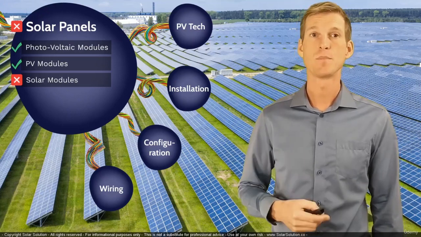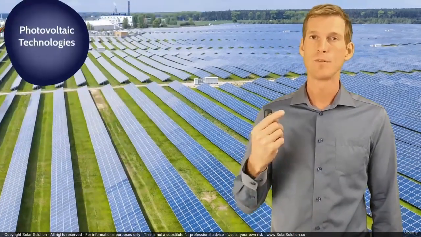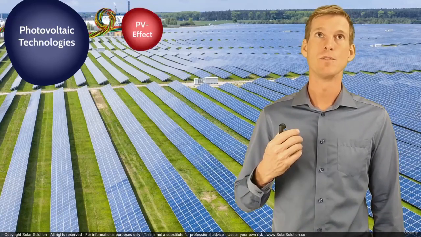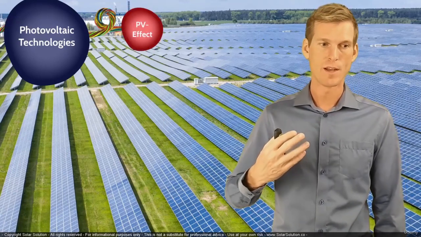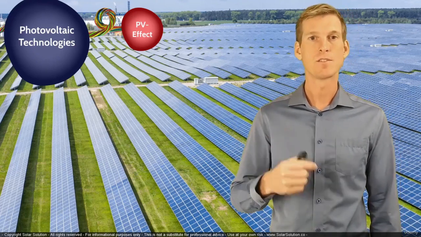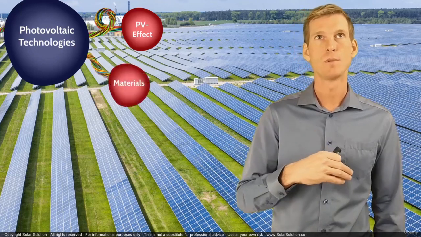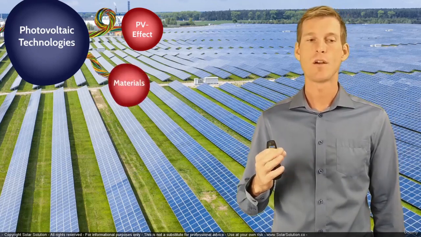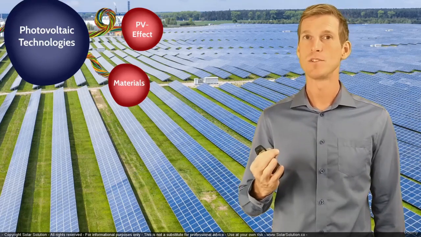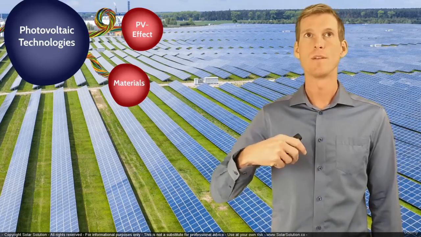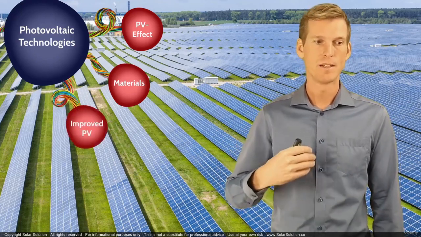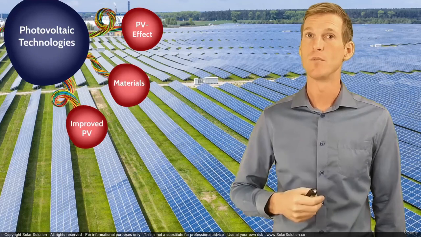Within the first chapter on photovoltaic technologies, we have the first subchapter on the PV effect. We'll discuss what it exactly is, and we'll look at the basic operating principle of a solar panel. The second subchapter on materials will look at what kind of materials are available, what the options are, and which options you are likely to go for, so that you understand which options there are. In the third subchapter, we'll look at the improved, more advanced kinds of solar panels, the more advanced technologies that are available on the market.